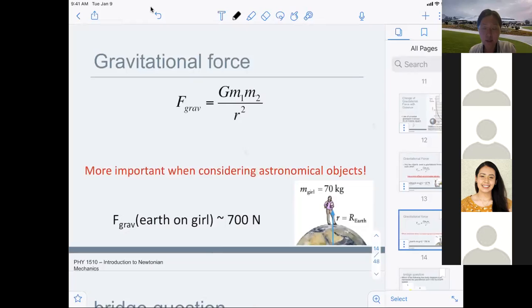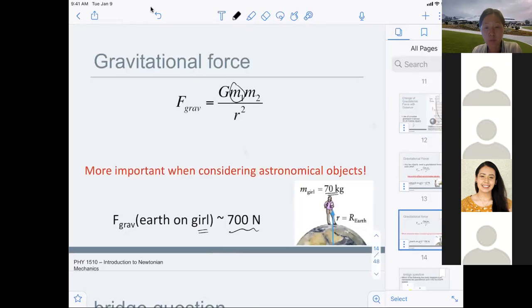Because the Earth has a much bigger mass. If you estimate how much force I will experience on Earth, you would get 700 newtons for a 70 kilogram person. So that is not negligible apparently.